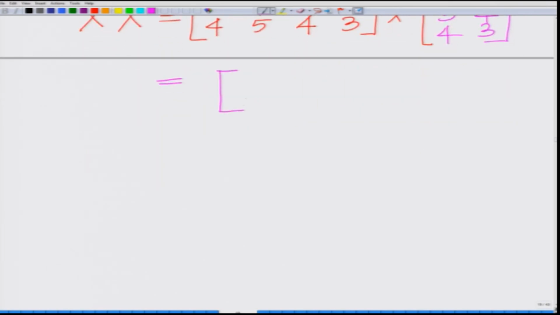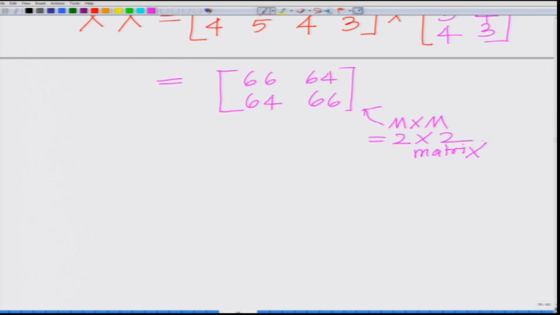This is the matrix that we already computed.